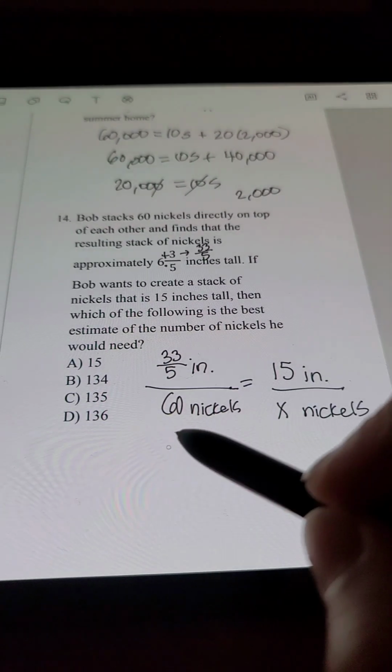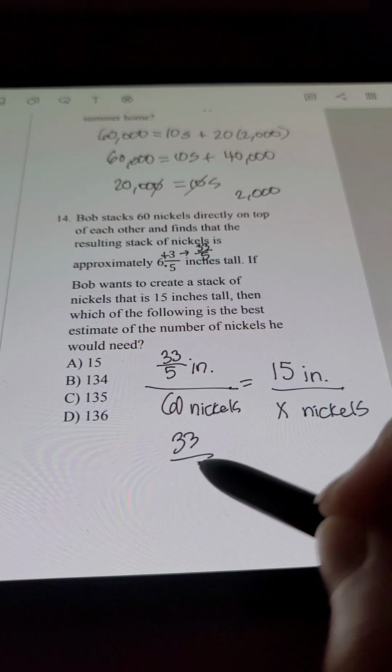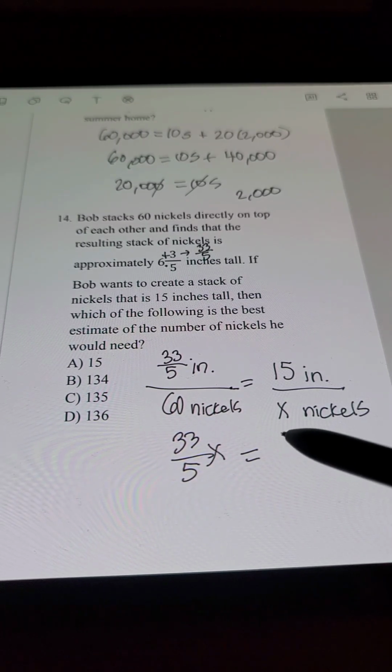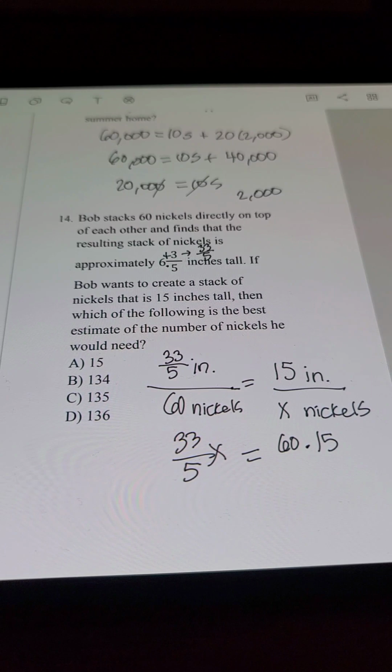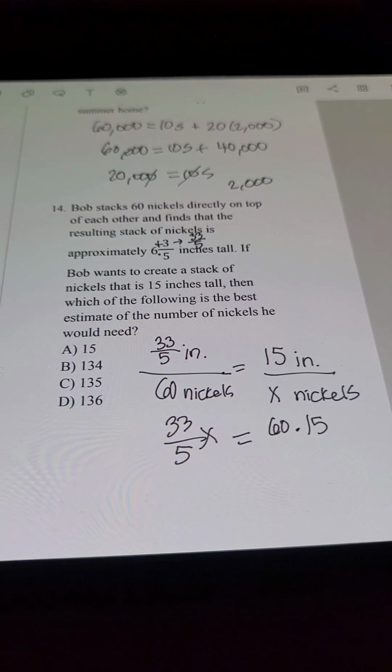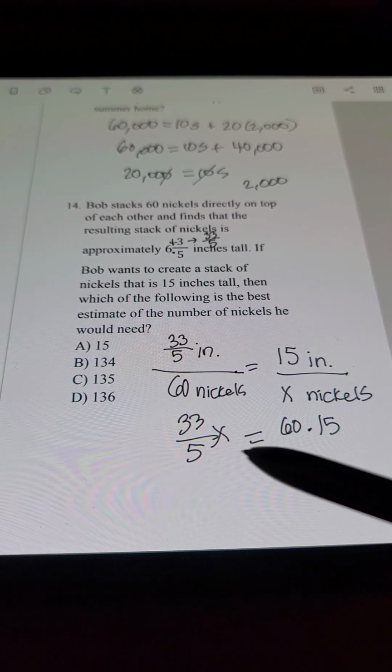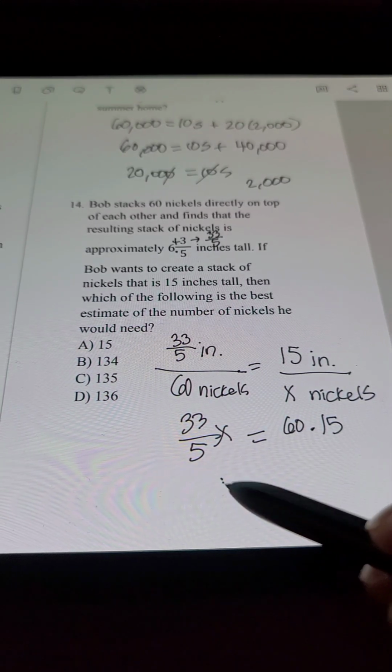Now I just need to cross multiply, and that's going to give me 33/5 times x is equal to 60 times 15.